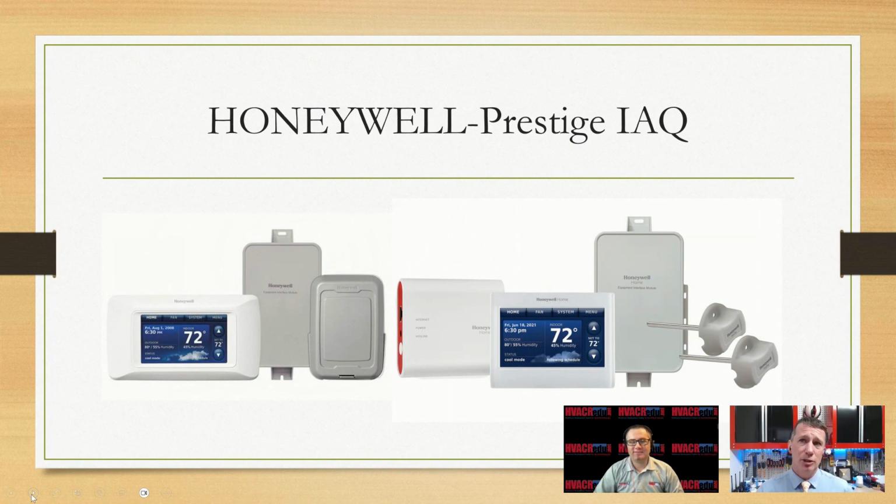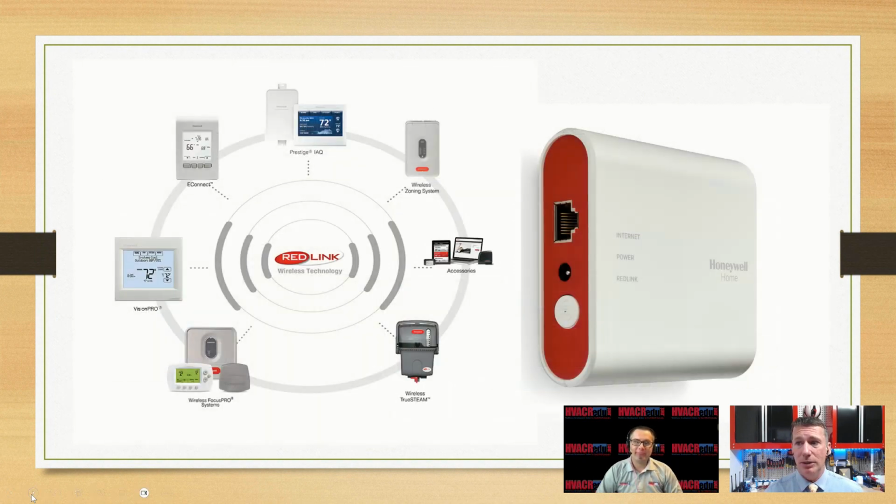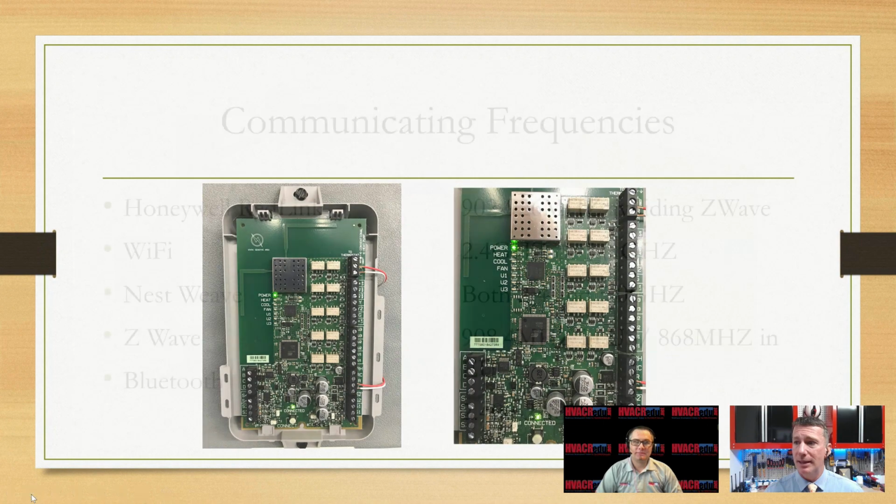So even if I only have two wires going from my control board of my Prestige to my thermostat, I'm not using communicating, because those two wires just need to power up the device, whether it's 12 volt or 24 volt, whatever the PC board or the controls allow. So it will talk wirelessly back to the unit. The whole RedLink system does that.